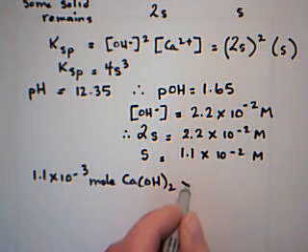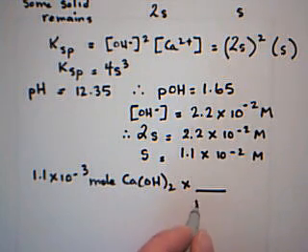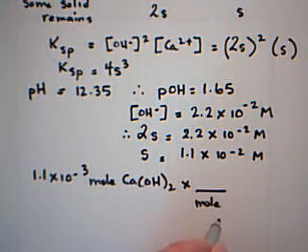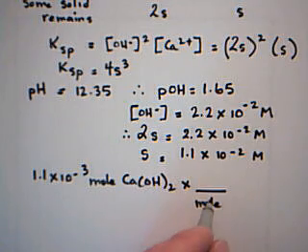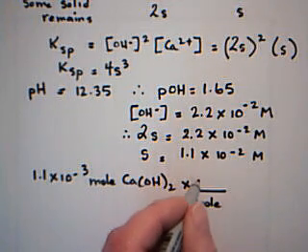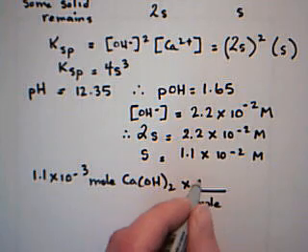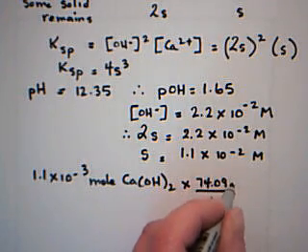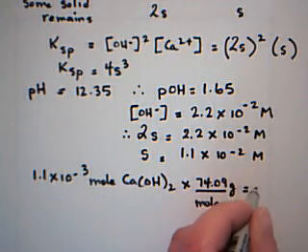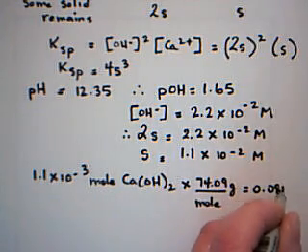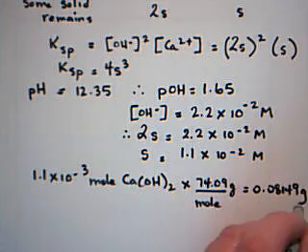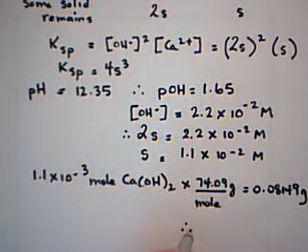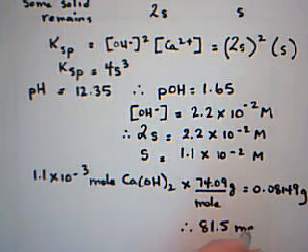So let's convert this number of moles to milligrams. Now in 1 mole, I have 74.09 grams. Therefore, my answer is 81.5 milligrams.